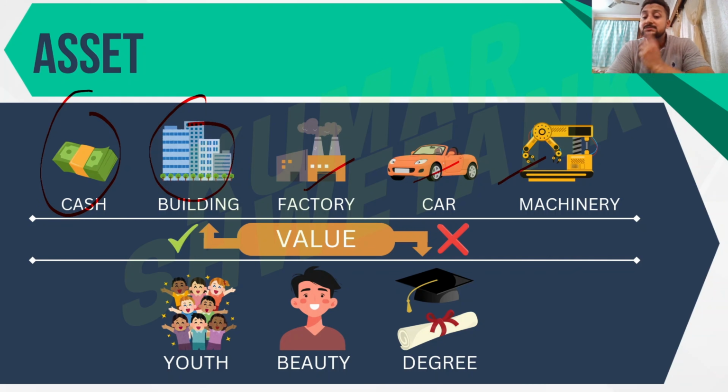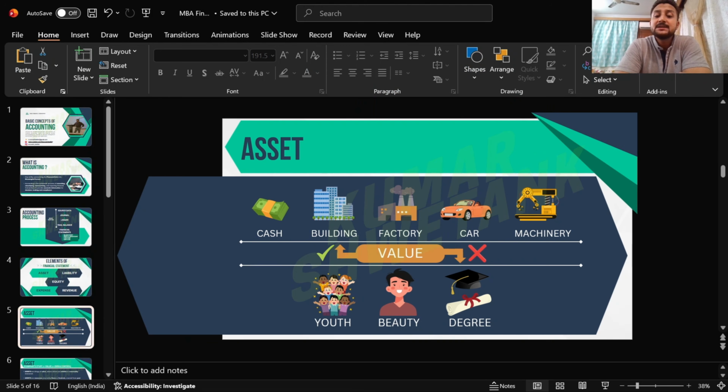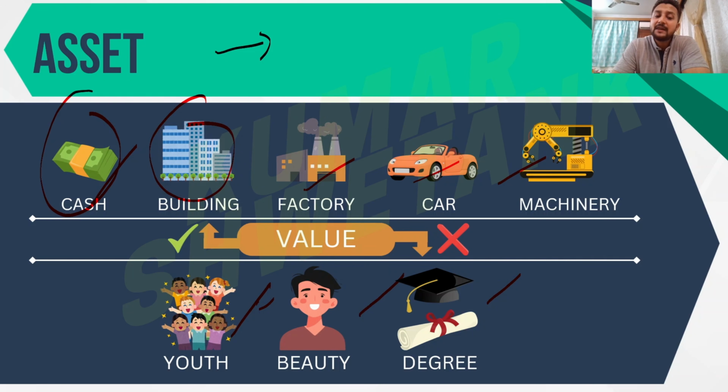But some students came up with other answers like youth, beauty, degree, etc. So cash is an asset, youth is an asset. So what is an asset? An asset is anything which has value.